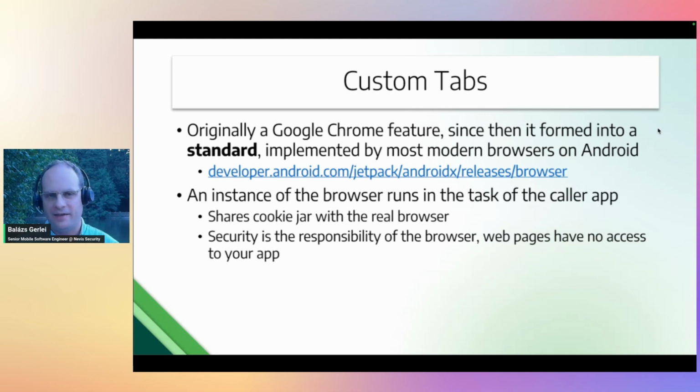It looks like it's in the same task that your application runs in. You can open the recents and it will show up there, but in reality it's a browser. And then all the security complications and considerations are the problem of the browser, not your application. So try to use that if possible, or you can also open an external browser that's also secure.